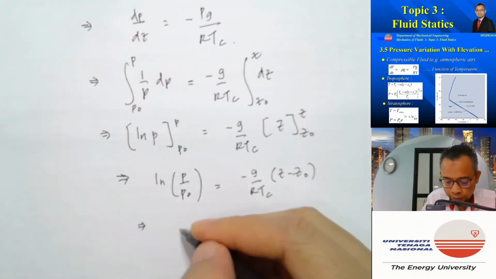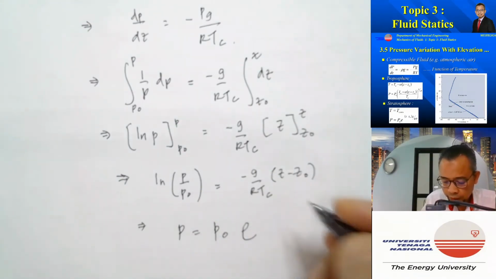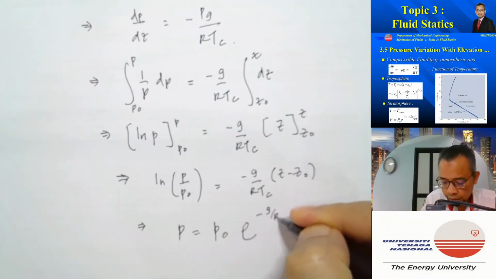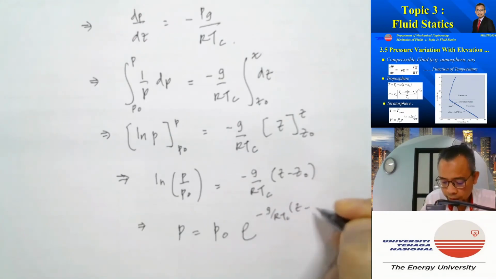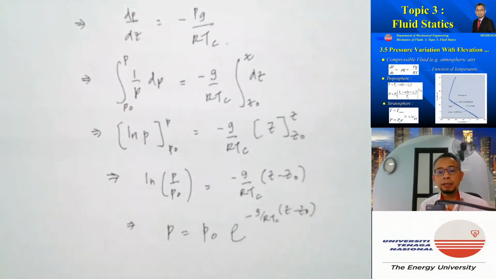This gives me P is equal to P0 e to the power of minus g over R Tc times (z minus z0). That's how pressure varies in the stratosphere, in atmospheric air.